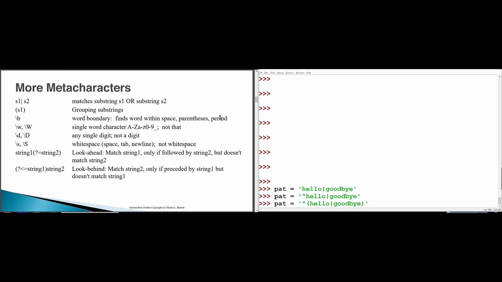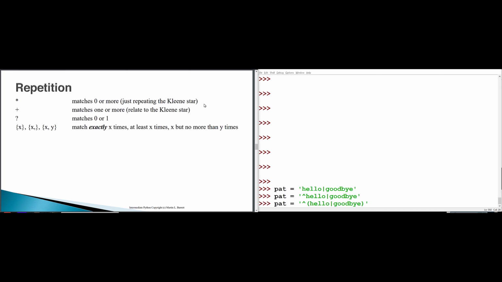Now, let me cruise ahead to slide 13. Here are some other special characters. Star we've actually already talked about. Star modifies the meaning of the character in front of it to mean 0 or more occurrences of that character.